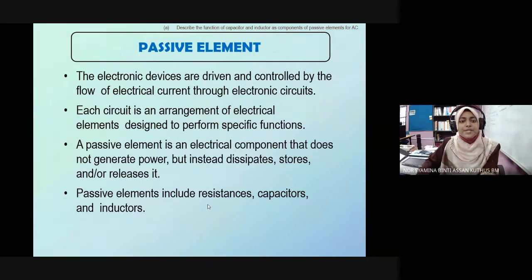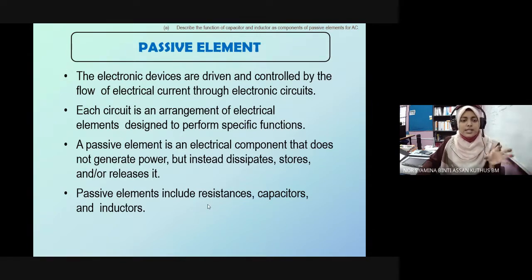So these passive elements that are included in this electrical or electronic component, it does not generate power, it does not give power, it does not give voltage, but it actually dissipates some of the power. Dia akan dissipate ataupun dia akan release that power ataupun dia akan simpan dulu dan dia bagi bila diperlukan.